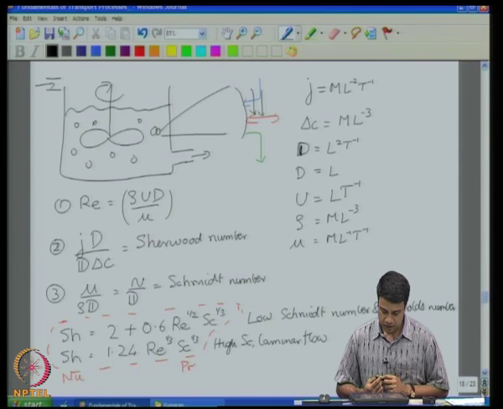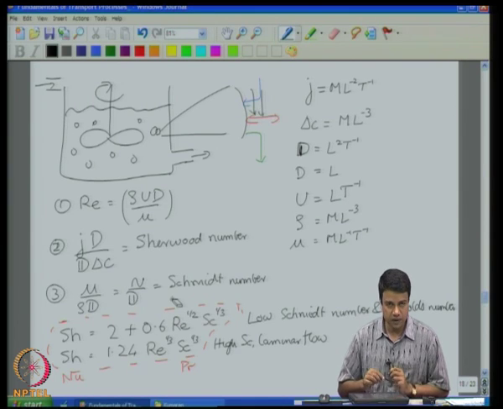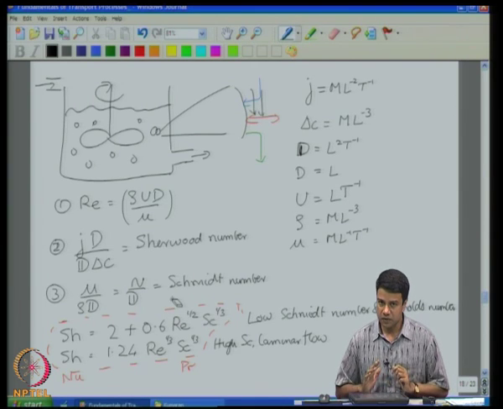On that basis, we got a relationship between the dimensionless mass flux, which is the Sherwood number, and two other parameters, the Schmidt number and the Reynolds number. I said these correlations are available in literature. If one were to solve the same problem for heat transfer, one would get the exact same correlations, except that one would use the Nusselt number instead of the Sherwood number as the dimensionless flux, and the Prandtl number instead of the Schmidt number.